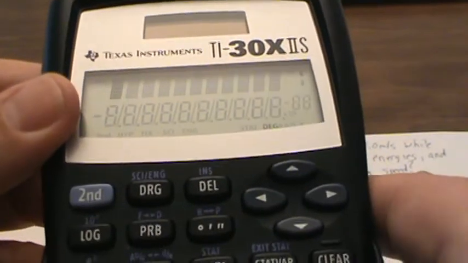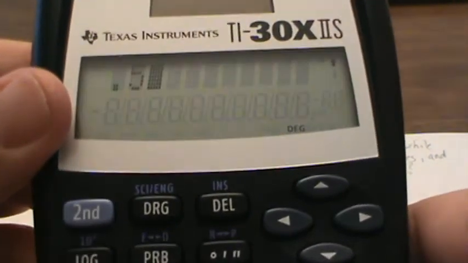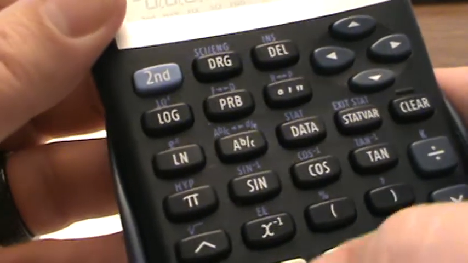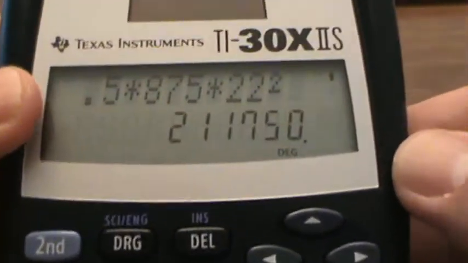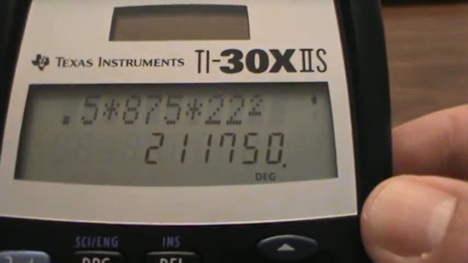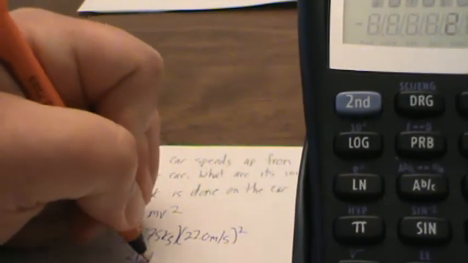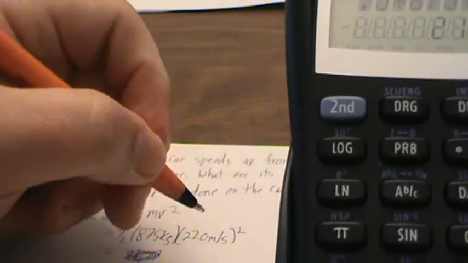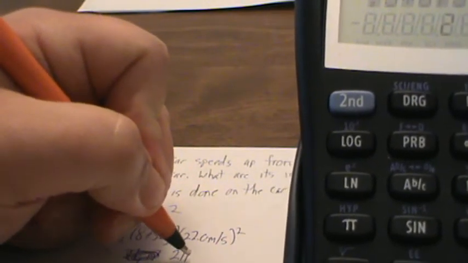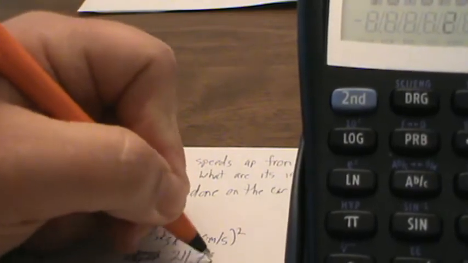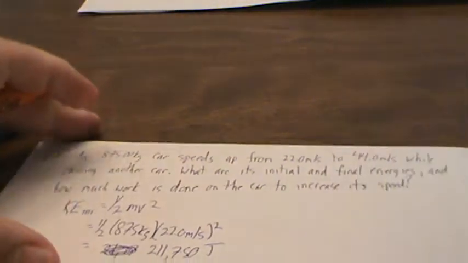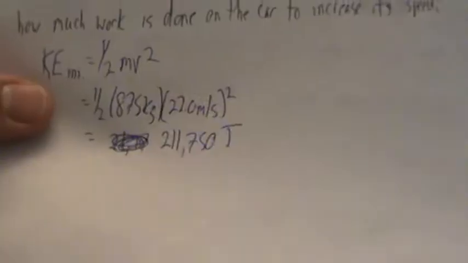So if we take 0.5 times 875 times 22 squared, we come up with 211,750 joules.